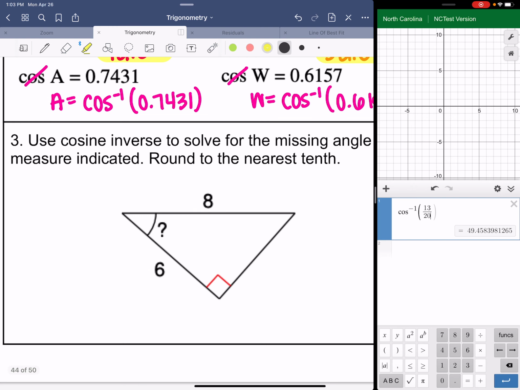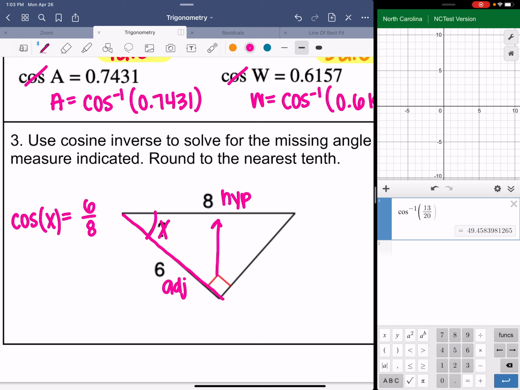Number 3, use cosine inverse to solve for the missing angle, round to the nearest tenth. So here we have our missing angle. I'm going to call it X. We have the hypotenuse, and we have the adjacent leg which connects to that angle. So cosine of X equals adjacent over hypotenuse, so 6 over 8.